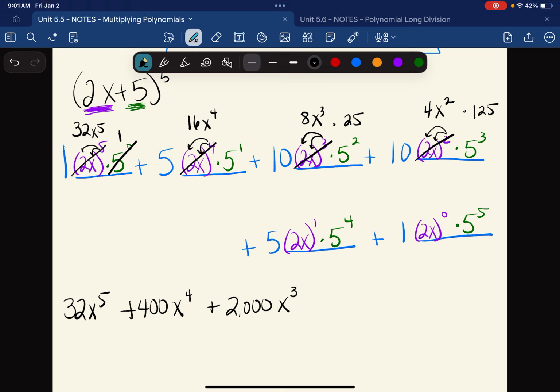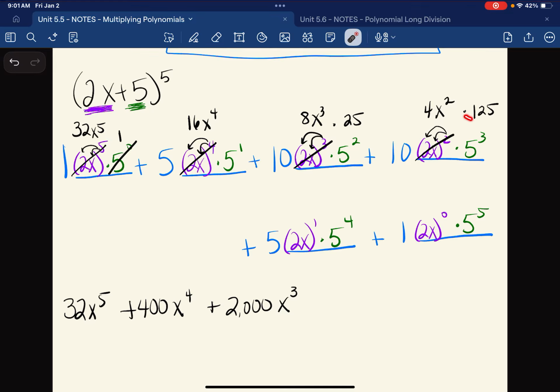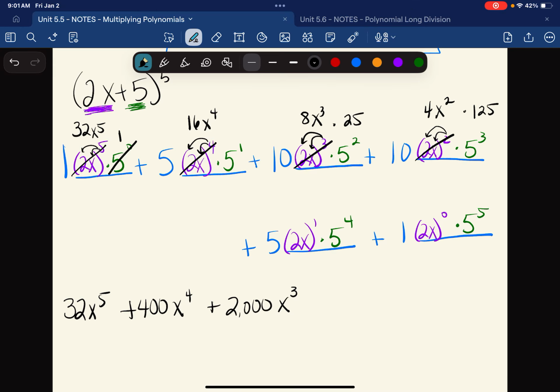Well, 4 times 125 gives us 500. 500 times 10 gives us 5,000. So we have 5,000x squared.